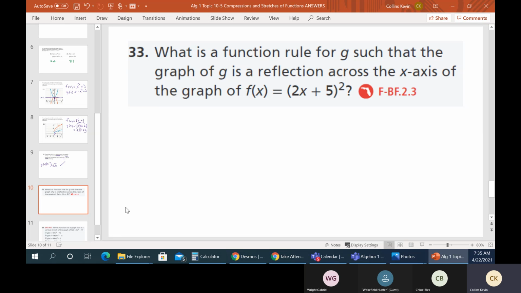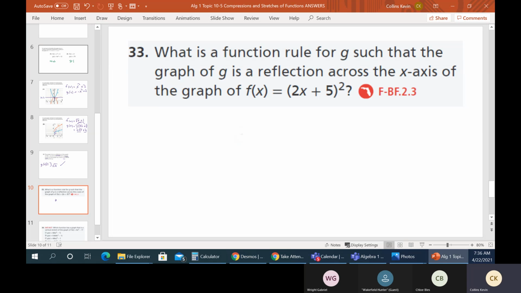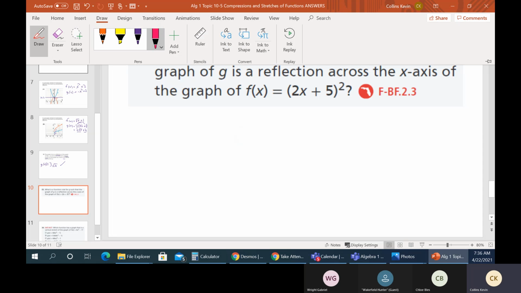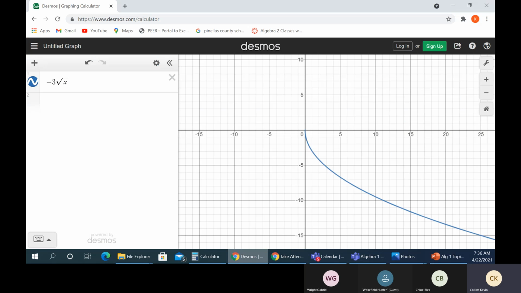All we really have to do is say g of x would just be a minus in front of the (2x plus 5) squared. So let's take a look at Desmos here.